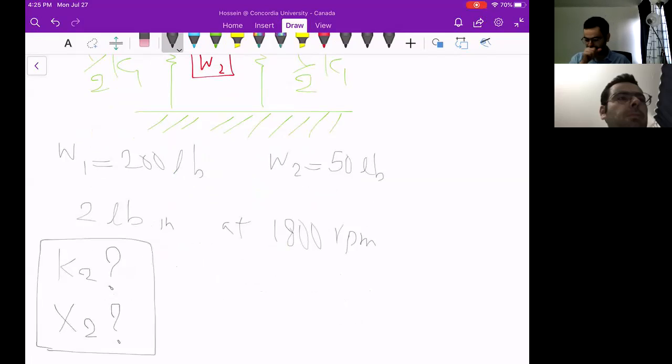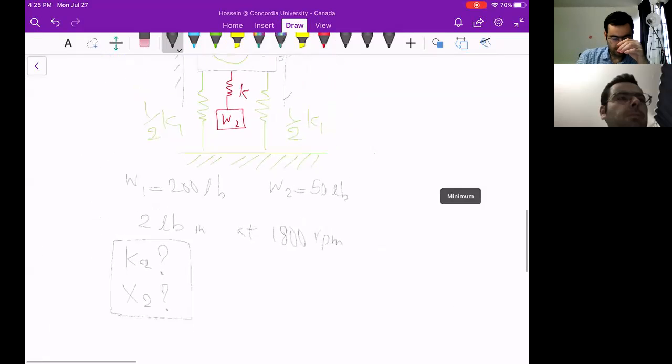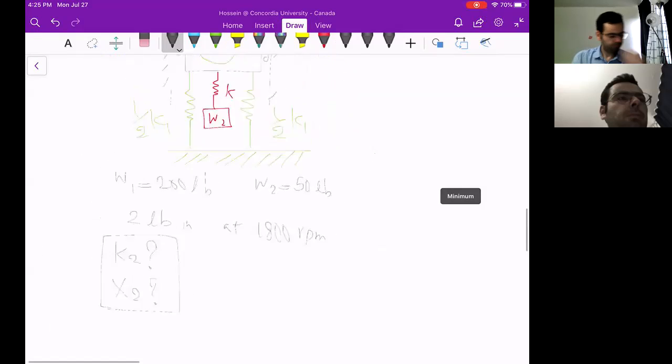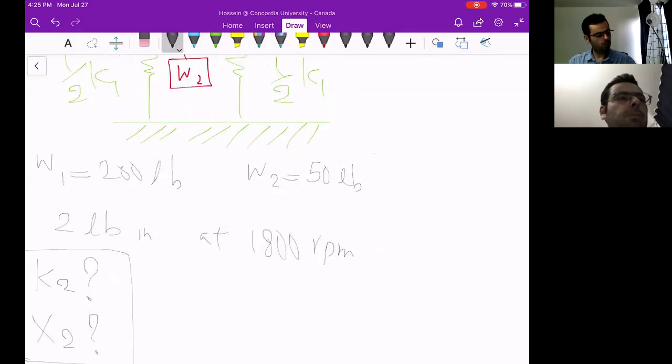So basically, we have a system like this, and we want to find K2. For an absorber, you know that K2 can be easily obtained just by the square root of K2 over M2 being equal to the excitation frequency.